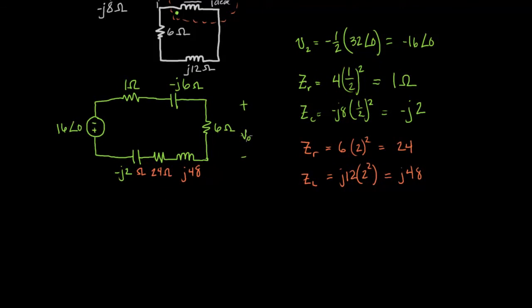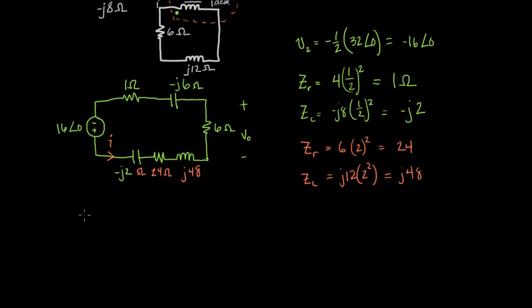If I want to find V0, I'll probably just find the current. I can do that really quickly, by taking the voltage source and dividing it by the total impedance, keeping in mind that the current, according to the battery, is traveling this way. So V0 is going to actually equal the negative of the voltage that we calculate across the resistor.